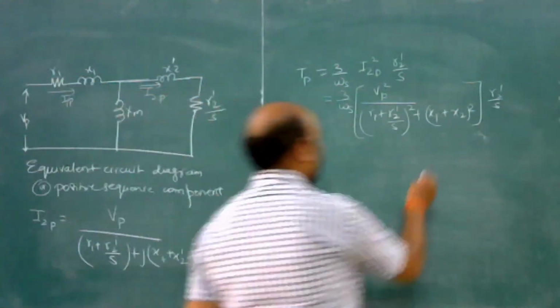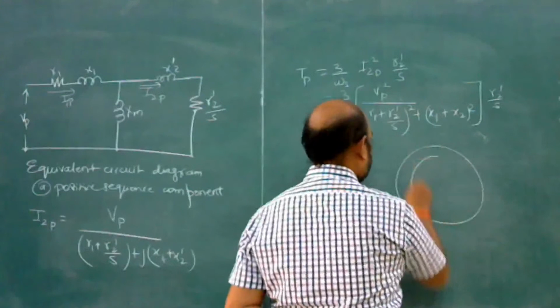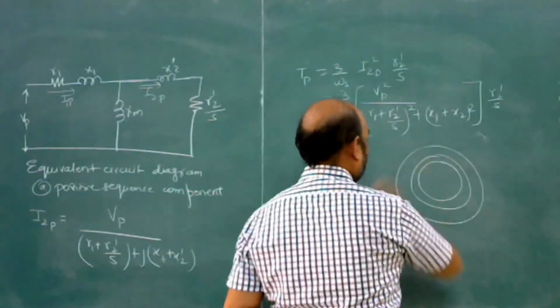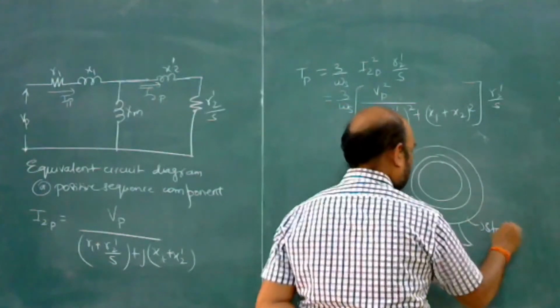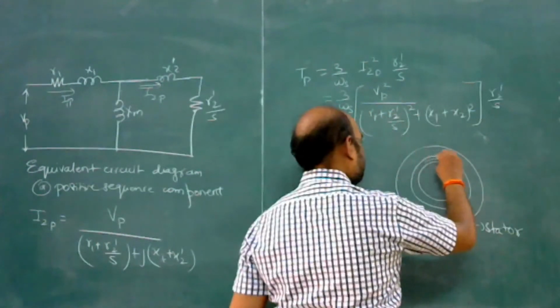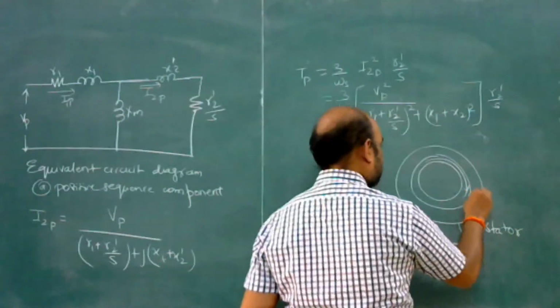Now the negative sequence voltage produces an air gap flux which rotates at synchronous speed in the reverse direction. Okay. So what we have assumed, this is the stator and this is the rotor. The field is rotating in the clockwise direction. This is NS.